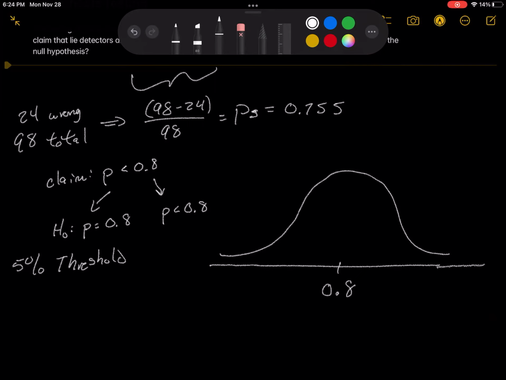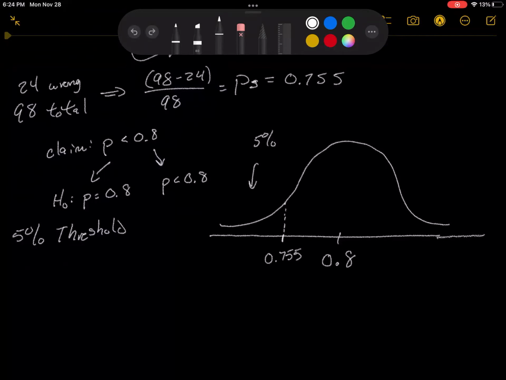And from this sample, we measured 0.755, so a little bit less. So I want to put 5% of my probability in that tail, because I want to use a 5% probability threshold that the true proportion is somewhere less than 0.8.